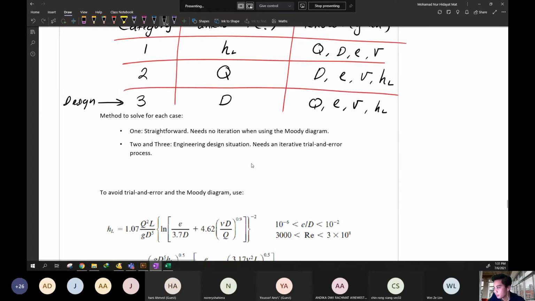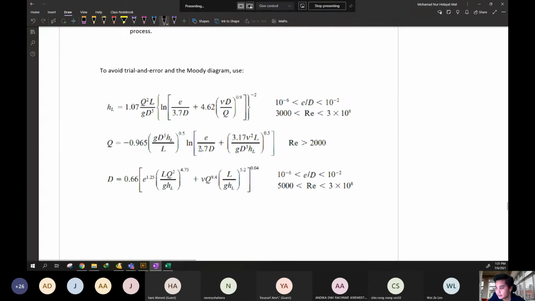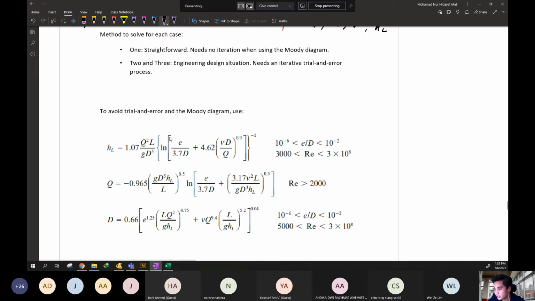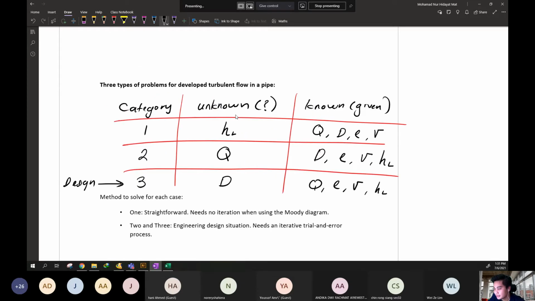In order to calculate this, we have 2 methods. The first, we can use the Moody diagram. The second one, we can use the equation. We have this equation with the condition given. For example, the question asks, find the head loss by using this equation. You need to substitute all the values here, and you will get the final answer. Same goes to number 2 and 3.